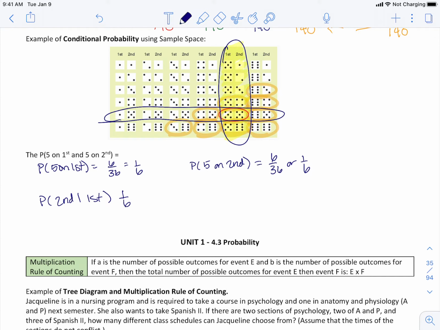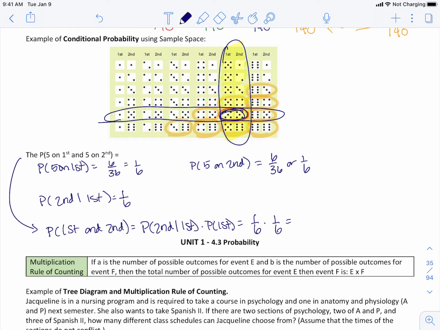And so the probability it happened on the second also is this 1 out of those 6. Okay, so now probability on the first and second is the probability of second given first times probability of first, which is 1/6 times 1/6, which is 1 out of 36.